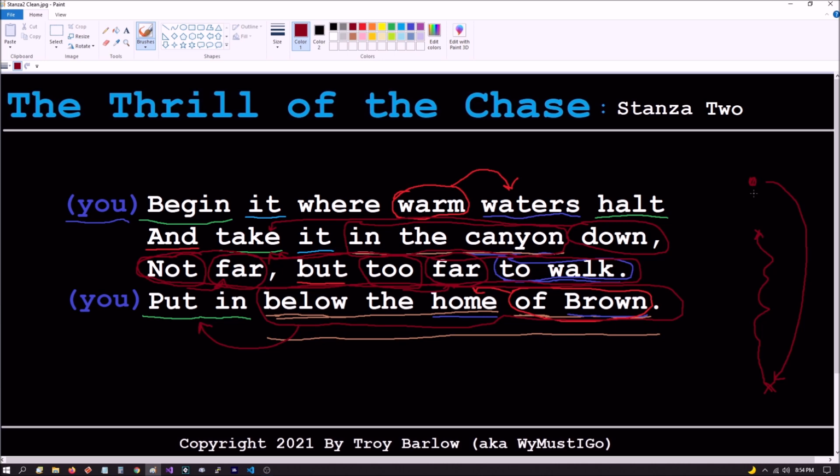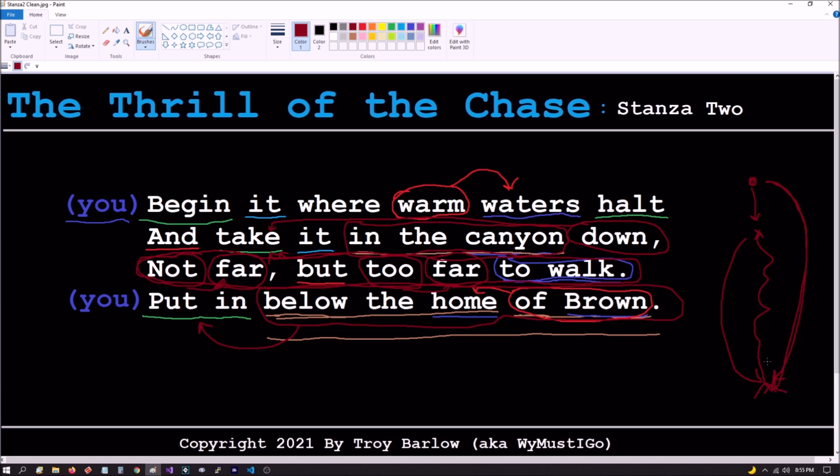And what he's doing is he's making sure he's telling you that it's near, but it's not near enough that you have to walk. So if there's a parking lot right here, obviously he wants you to go back to your car, get in your car, and drive to the nearest place that you could walk to get to the same creek or river or lake or whatever. So he's telling you, don't go to the near one, go to the next nearest one where you're able to walk from. And he's implying that you have to drive.